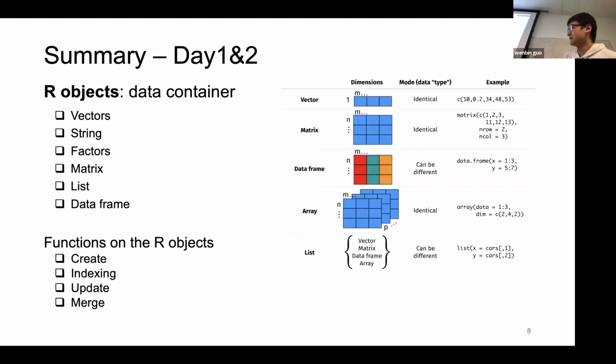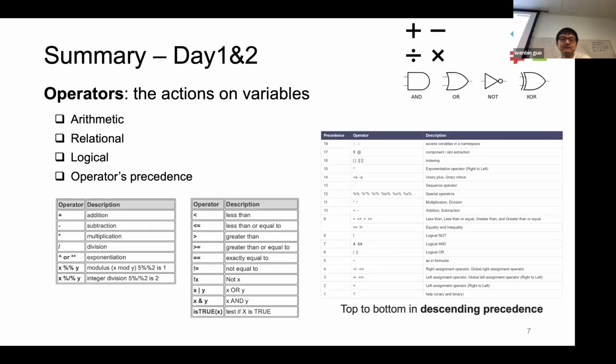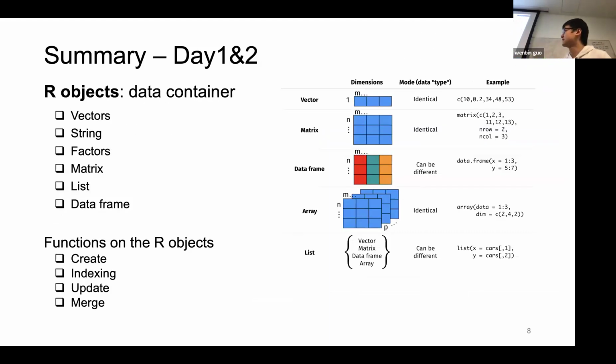An important part we learned about is the R objects. There are several objects, and those can be quite useful. Basically in R, when we program, we need some kind of data containers to store our data. We talked about the vector and matrix, which hold the same identical data type.